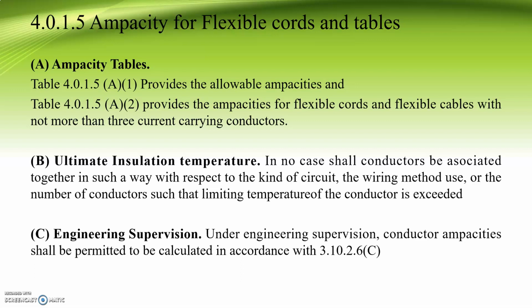In no case shall conductors be associated together in such a way, with respect to the kind of circuit, the wiring method used, or the number of conductors, that the limiting temperature of the conductor is exceeded.